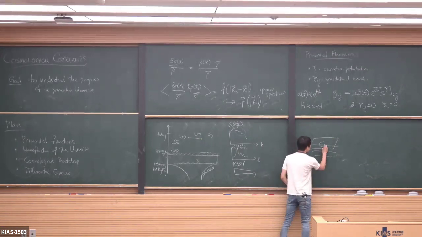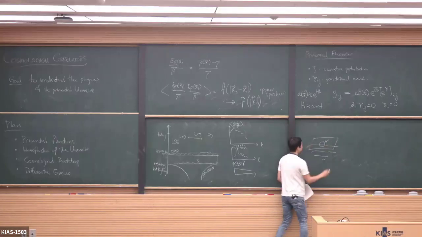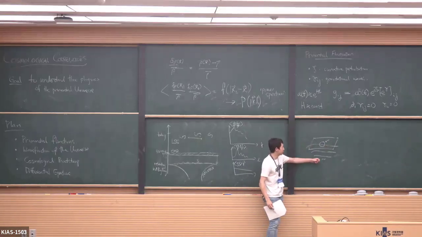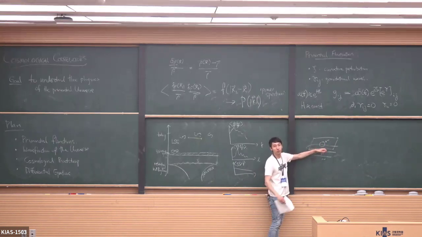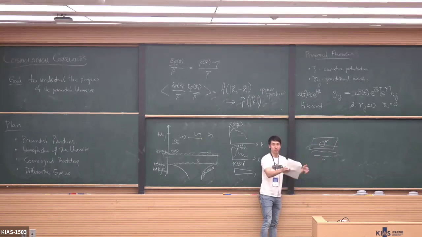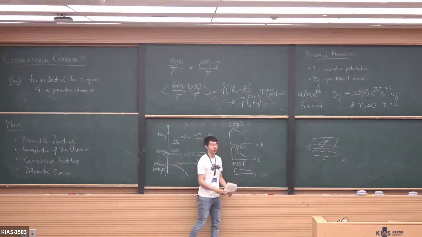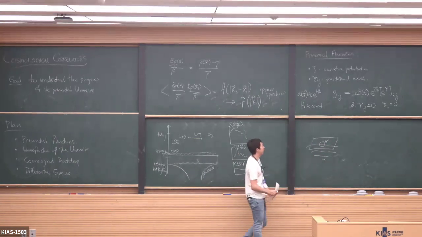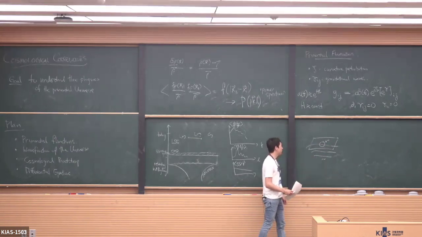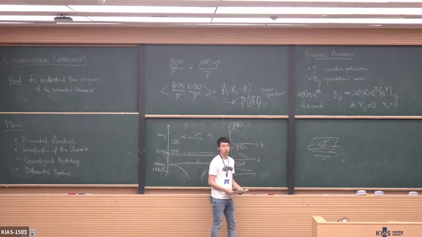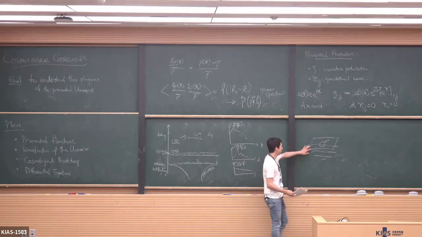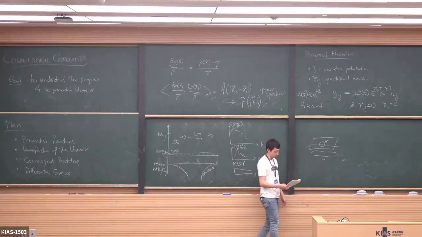And eventually, when it reaches the reheating surface, the physical wavelength of this perturbation is much larger than the Hubble radius that sets the size of the horizon at the reheating surface.